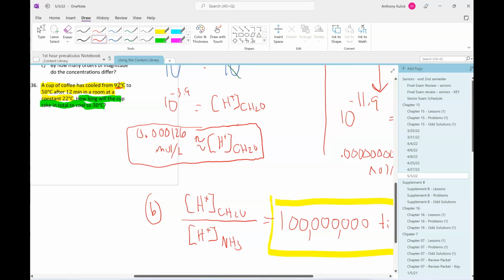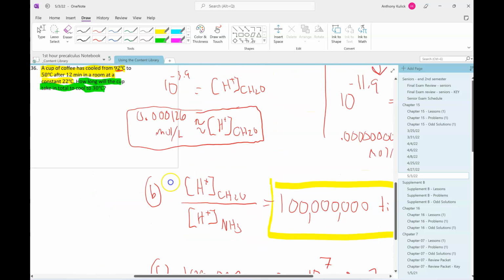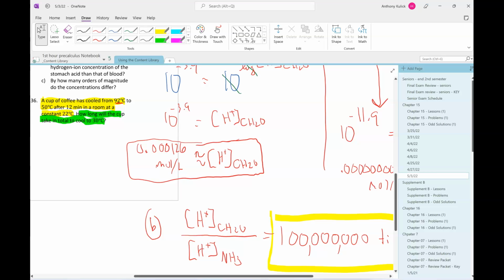Where is the 92 going to go? With the, did you say T naught? Yes, very good. T naught is the temperature of the substance when you remove it from a heat source. And then where's the 50 degrees going to go?